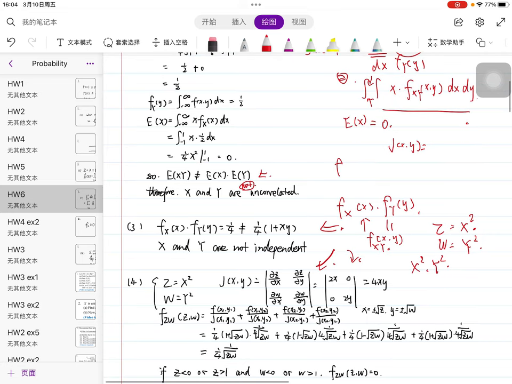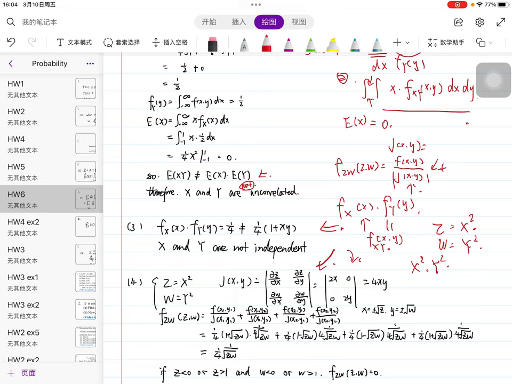The fundamental theorem is that these two new random variables' joint density function equals the original joint density function over the absolute value of the Jacobian determinant, summed over the roots.